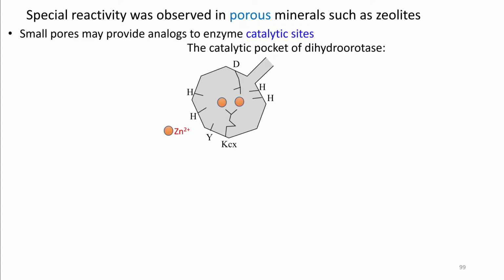You see that there is a central cavity with several amino acids, and in particular, there are 2 zinc ions here. This is a closer view of the reactive site with the 2 zinc ions and a bridging OH group, interacting with the final product, dihydroorotate.